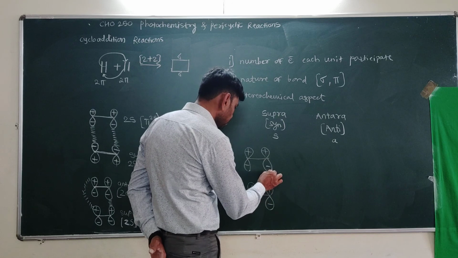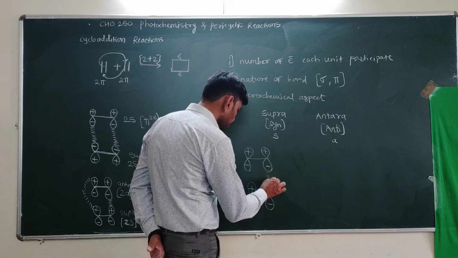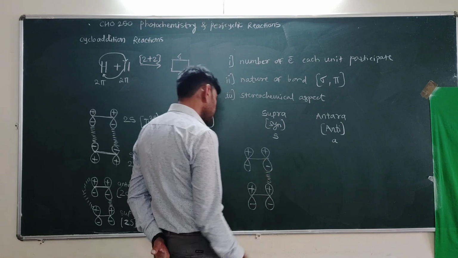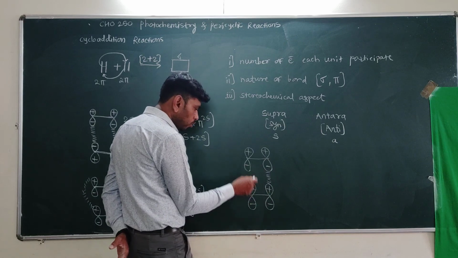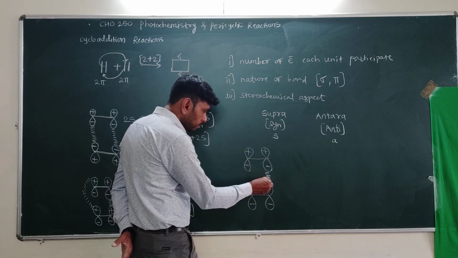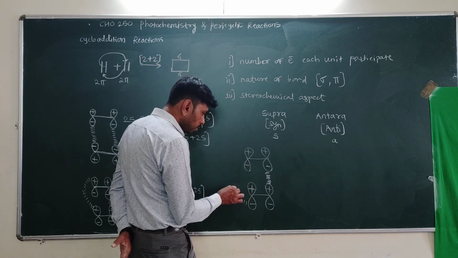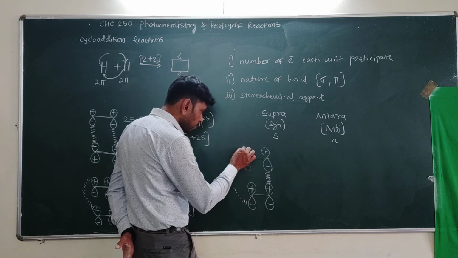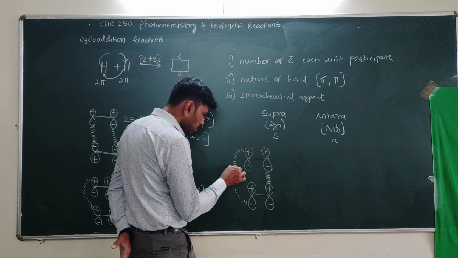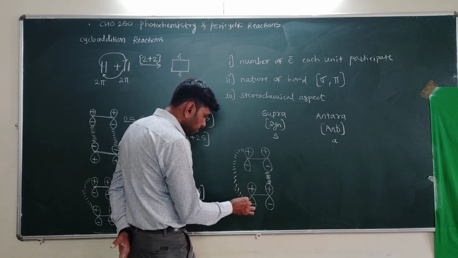So in this case, see, these two orbital lobes overlap, and here this orbital overlaps to this one.